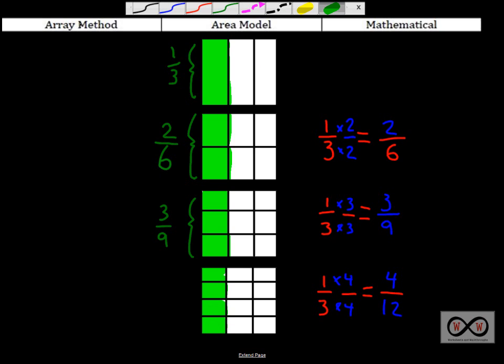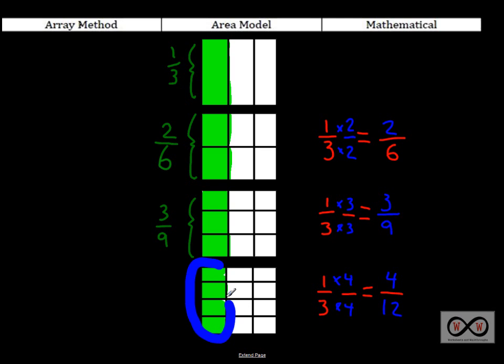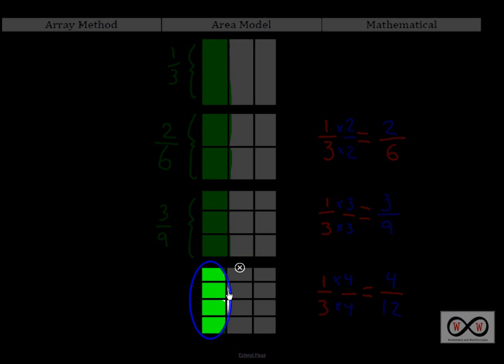As you can see what's going on here. We've got this section that is equivalent to this, equivalent to this, and equivalent to this. So 1/3 is equivalent to 2/6, 3/9, and 4/12.